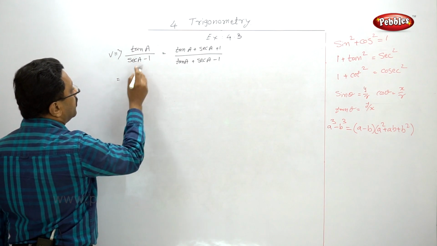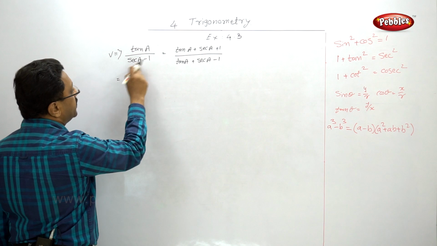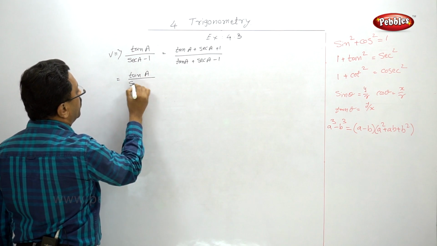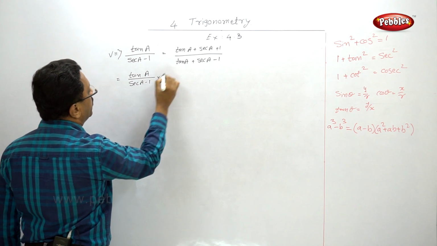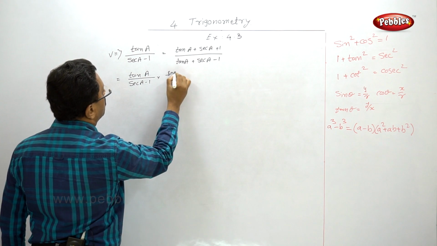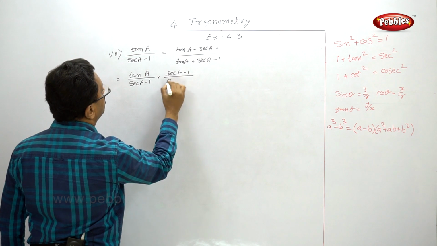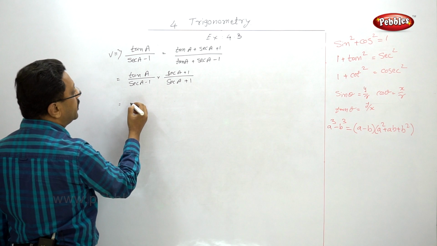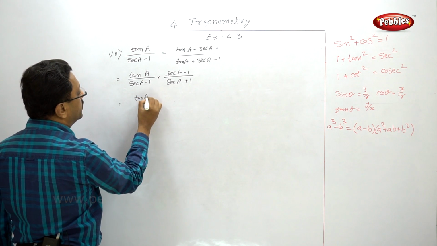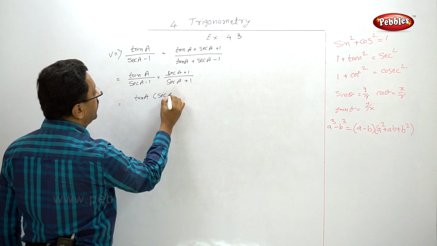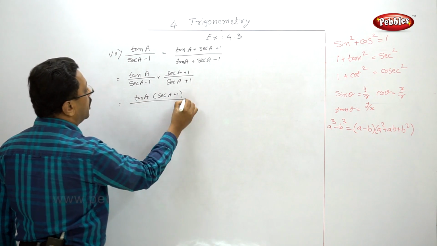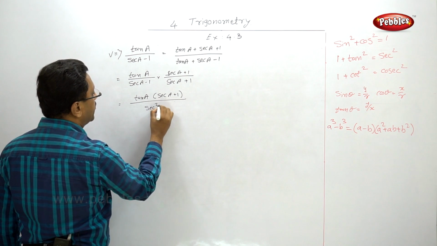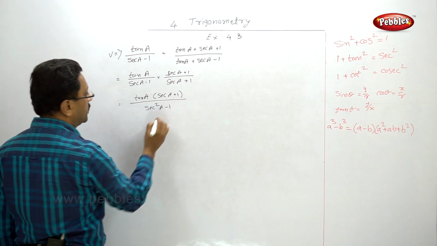Let us solve this. So I will multiply and divide by sec A plus 1. So I have tan A upon sec A minus 1 into (sec A plus 1) divided by (sec A plus 1). So here I will have tan A (sec A plus 1) upon, (a minus b)(a plus b), so I will have sec square A minus 1.